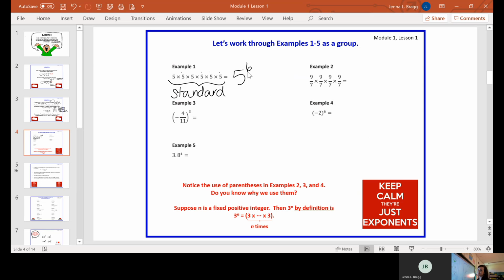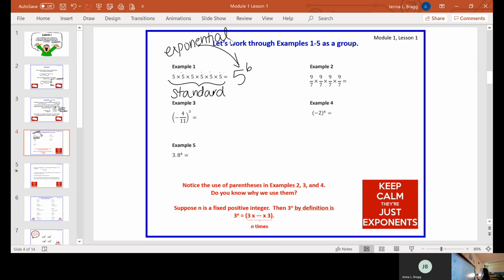So 5 to the 6th power. When you have written it with a base and an exponent, this has now become exponential form. So later you may be asked to write something in standard form or exponential form.